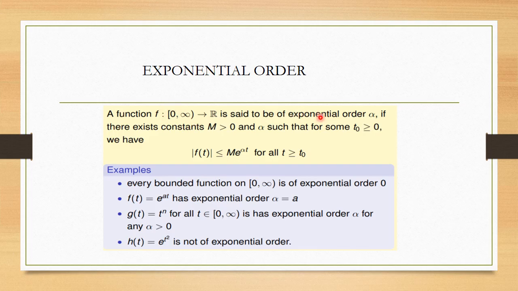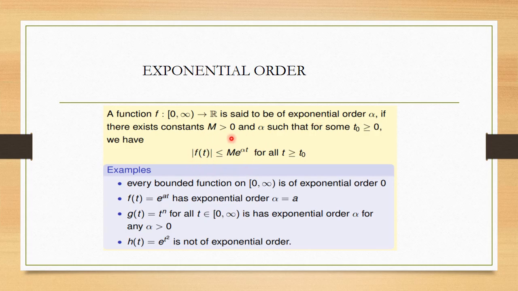This function is said to be of exponential order alpha if there exist constants M greater than 0 and alpha such that for some t naught greater than or equal to 0, the mod of f(t) is less than or equal to M into e to the power alpha t for all t greater than or equal to t naught. So if any function satisfies this inequality, then that function is said to be of exponential order alpha.